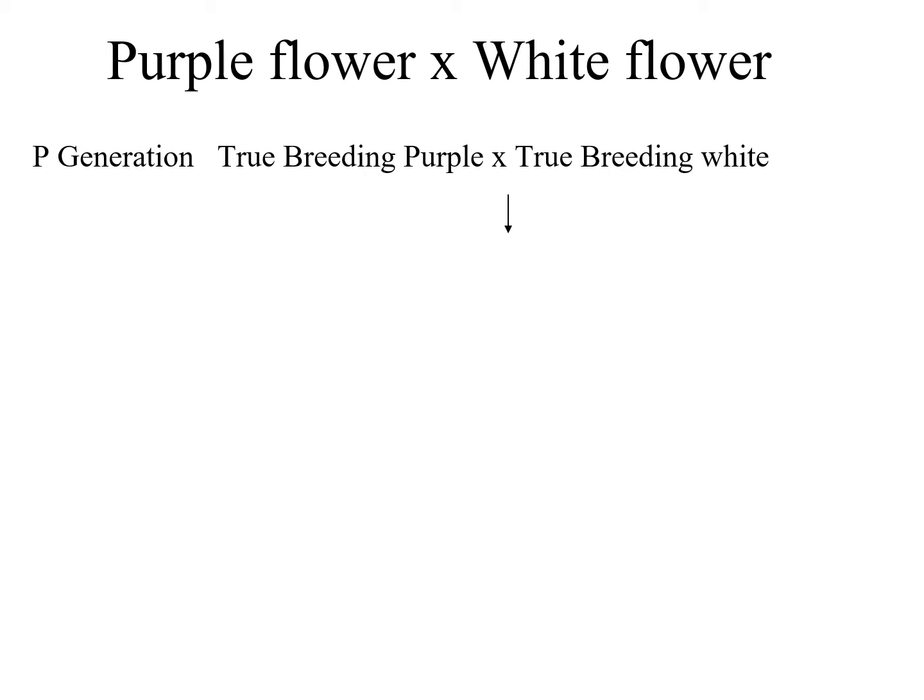So this first cross involved a true breeding purple flowering plant crossed with a true breeding white flowering plant. This first initial generation is what Mendel referred to as the parental or P generation.